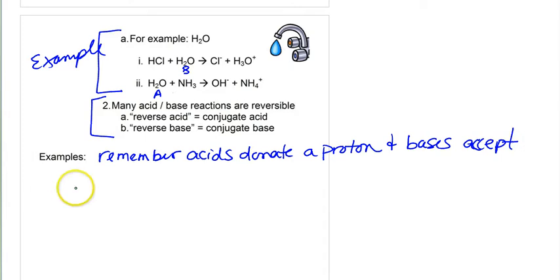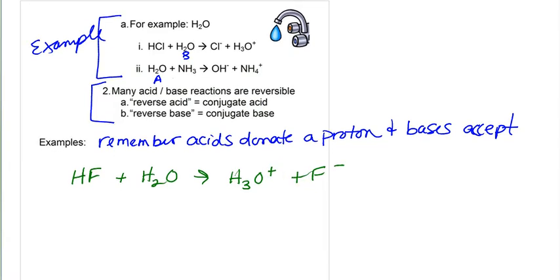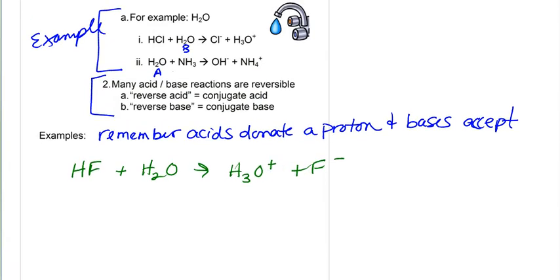Okay. Now, let's do one example, or a few here. Let's look at hydrogen fluoride and water yielding hydronium ion and fluoride ion. So, going from before and after, I like to break it up. How would I go from this to this? Well, I had to lose my proton.